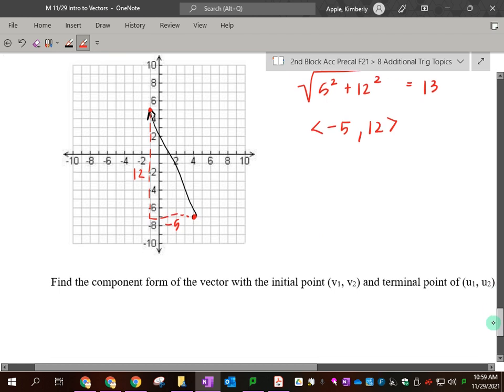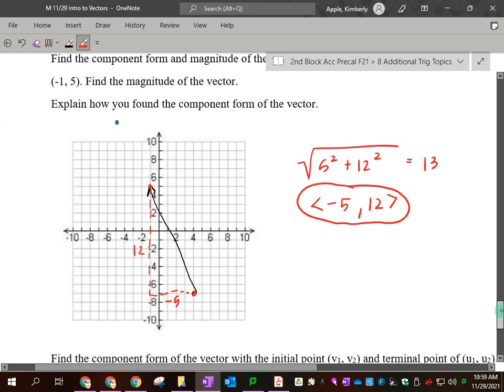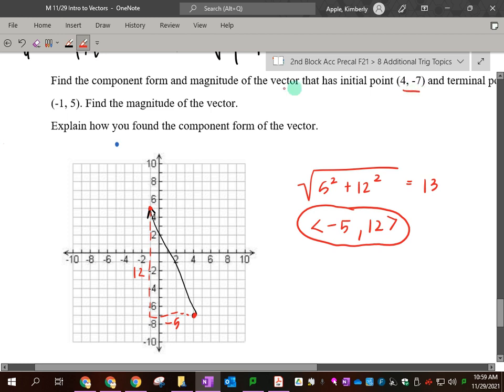Now, coming down here, can you tell from this number where the initial point and the terminal point are? It's not obvious, right? Because it's not in the standard position.